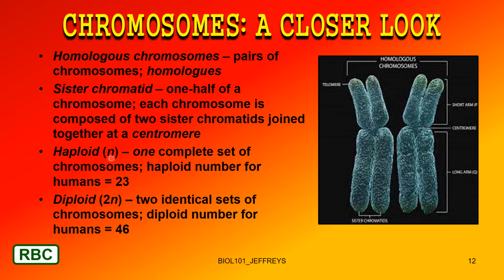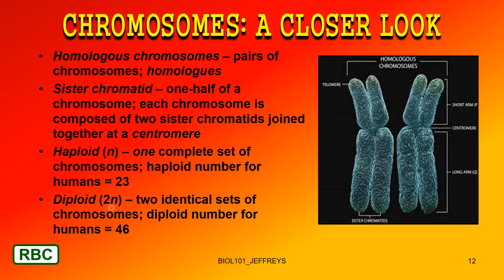24 for chimpanzees, right? Now, when we double them up, we have one set of 23, an identical set of 23. Now we have 2 times 23, or 46, and we call that diploid. You can pronounce it either way.